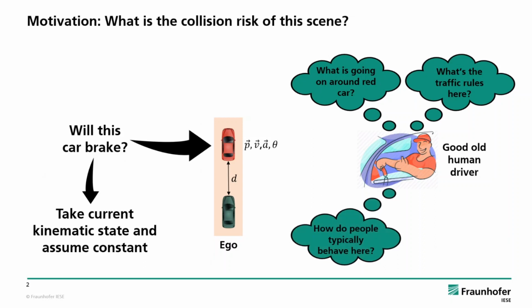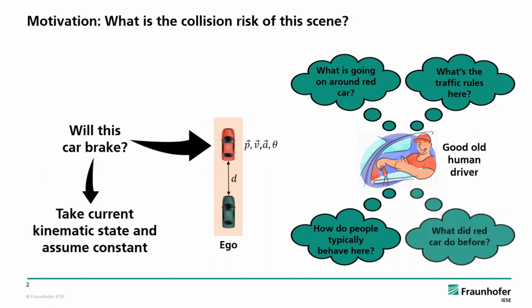We would also take into account how people usually behave in such situations, and would this be aggressive or non-aggressive, for instance? And last but not least, we would also think about the past history of this vehicle. So how did he or she behave a couple of seconds or even minutes ago, if this vehicle was already in the vicinity of our ego vehicle?